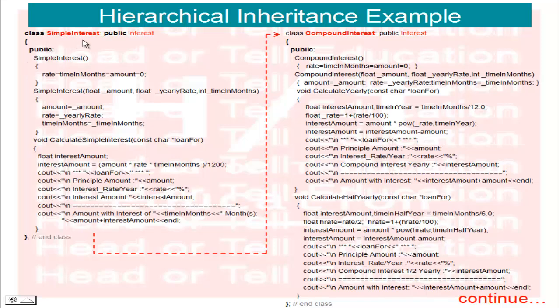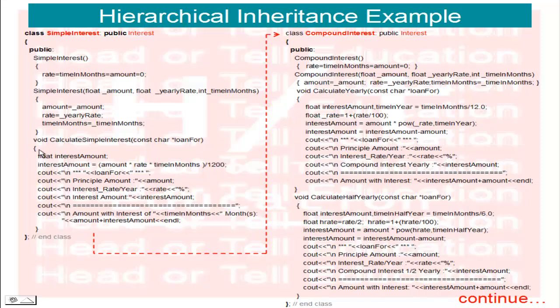Class Simple Interest is derived from Interest publicly. In this class we have everything public: a public zero-argument constructor with rate, time and months default values equal to 0. Again there is a three-argument constructor, so passing values directly from the constructor and assigning them to the variables.